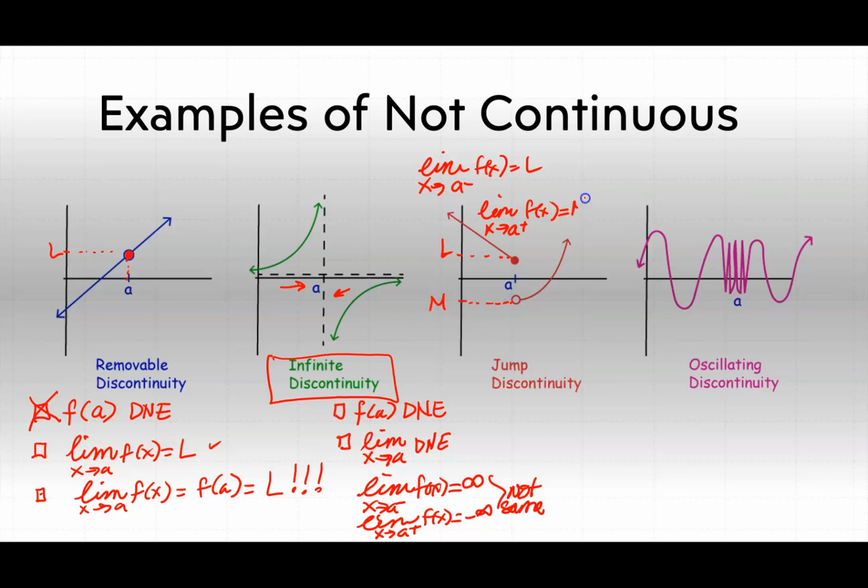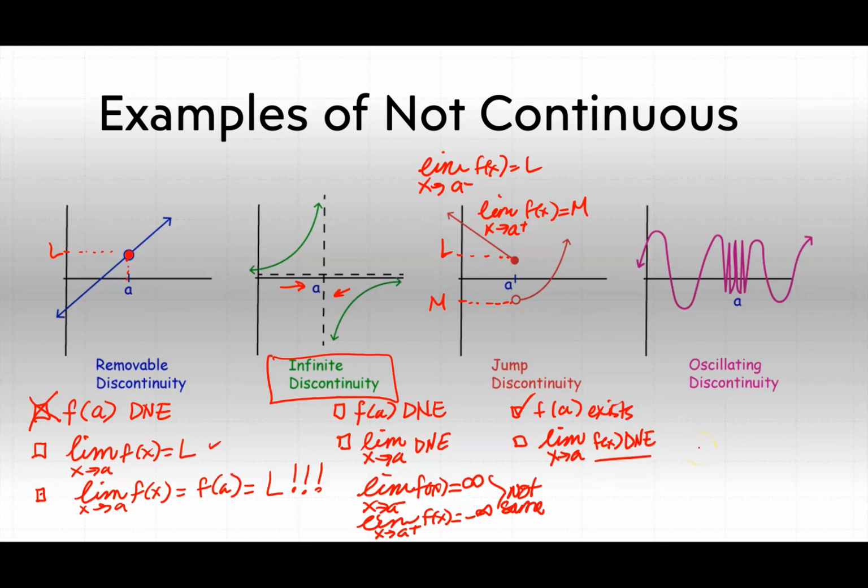I'm going to call that m. Well, these are obviously two different numbers, right? So here we would say, yes, there's an f of a. However, the limit as x goes to a of f of x does not exist.